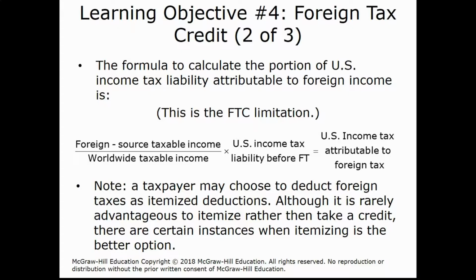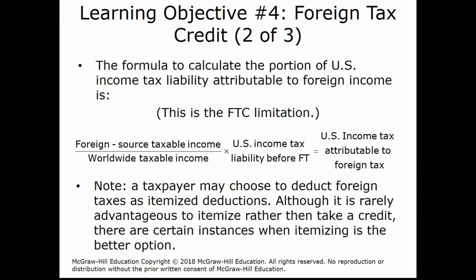This is the formula to calculate the foreign tax credit and its limitation. As I said earlier, you take the foreign sourced taxable income and divide it by the worldwide income, that's everything that was earned by the taxpayer, U.S. and foreign.